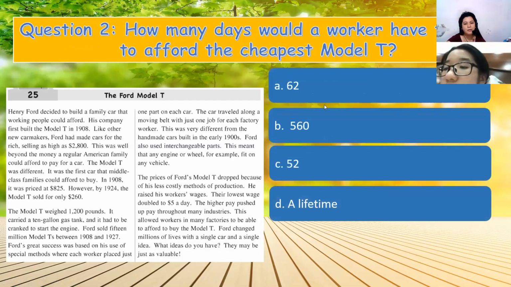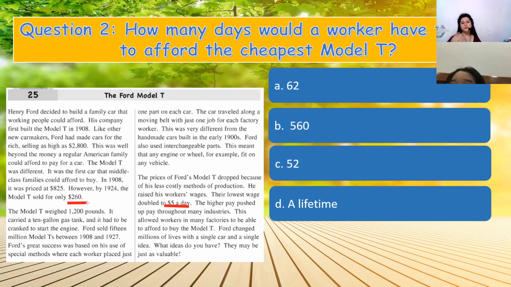Now, how many days would a worker have to work to afford the cheapest Model T? Because in the story, their salary is $5 a day. And what's the price of the Model T? It's $260. So how many days would a worker have to work to afford the cheapest Model T?